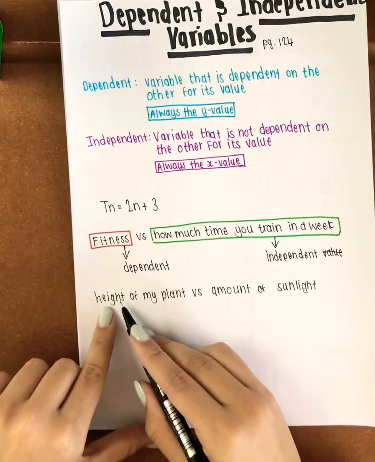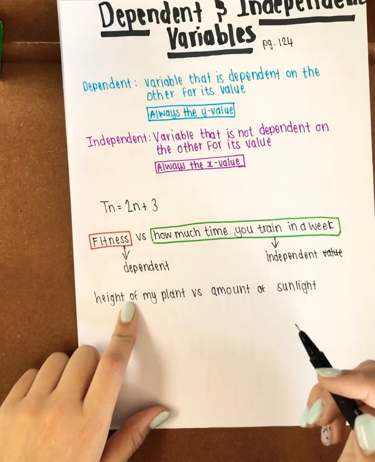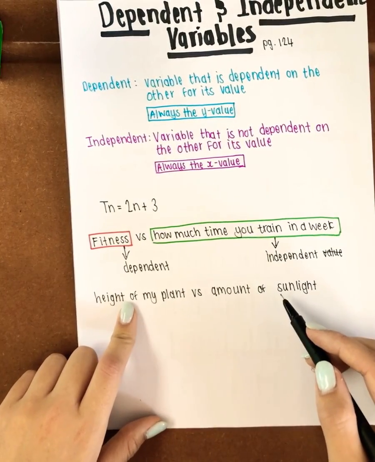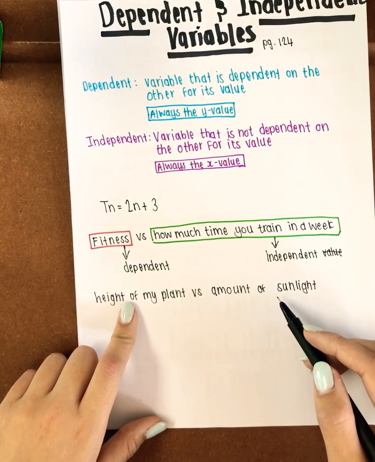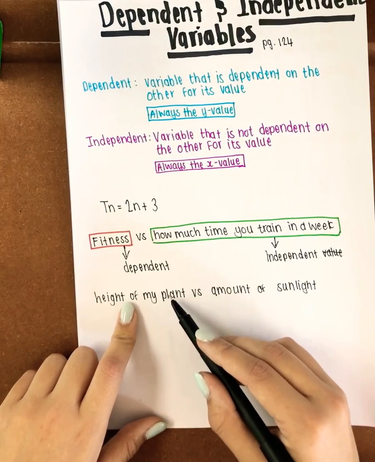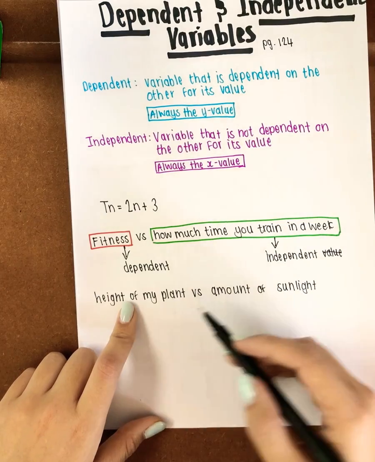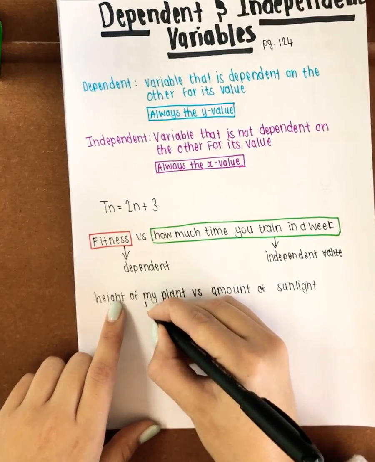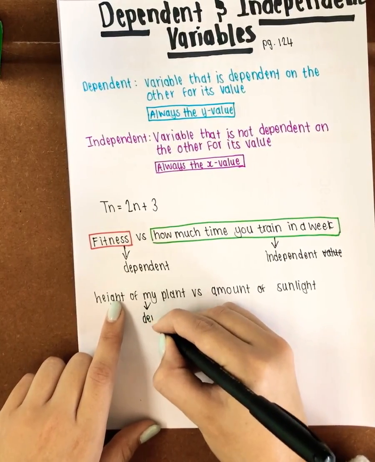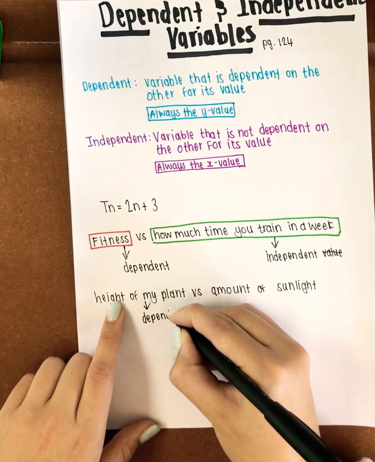Is the height of my plant, how high it grows, dependent on the amount of sunlight it takes? Yes, it does, because my plant will grow higher if it receives more sunlight. So the height of my plant is dependent on the amount of sunlight.